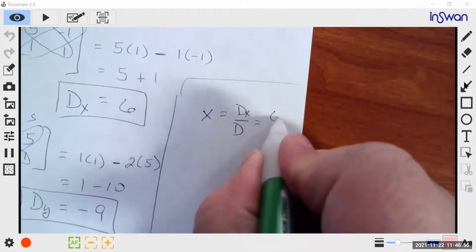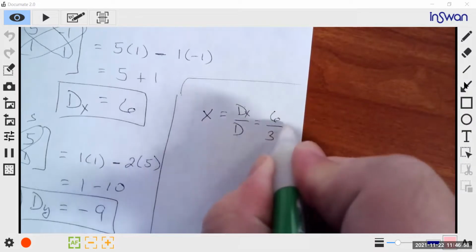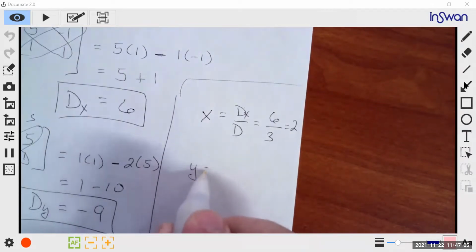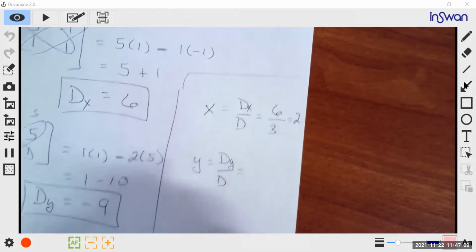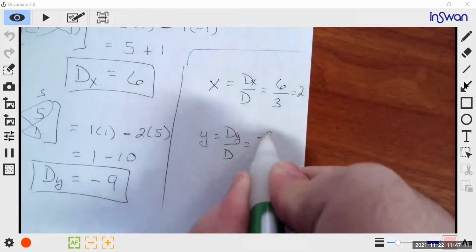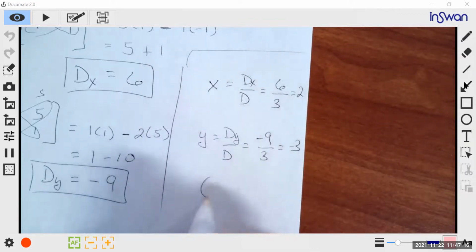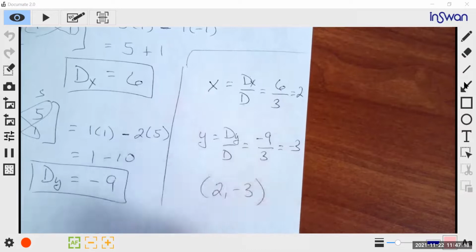So dx was 6, d was 3, that equals 2. Y is dy over d. -9 over 3 is -3. So my answer is that.